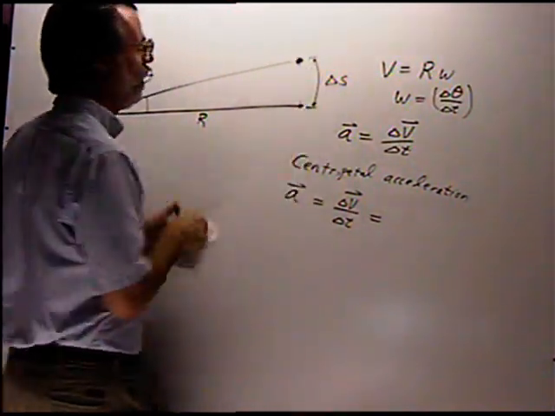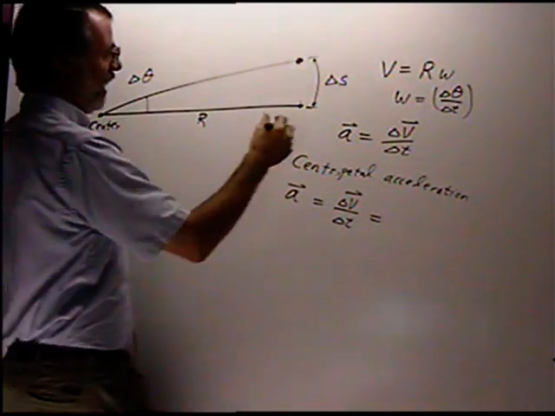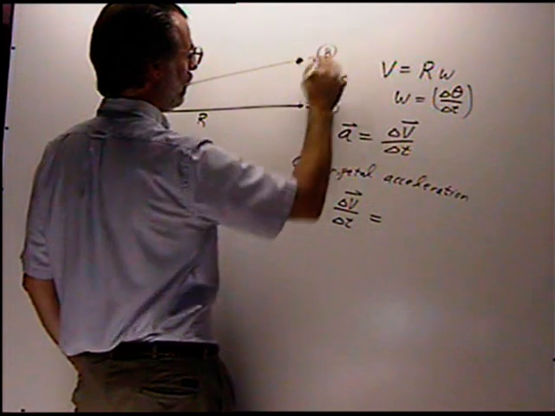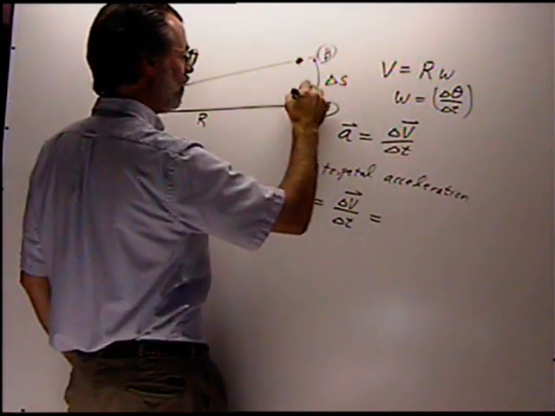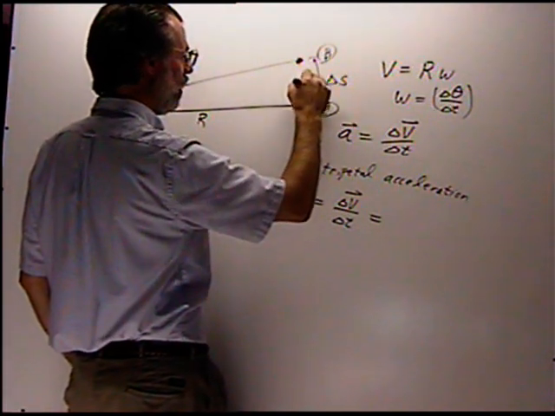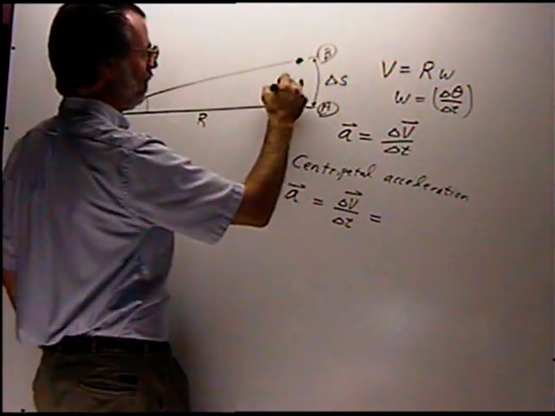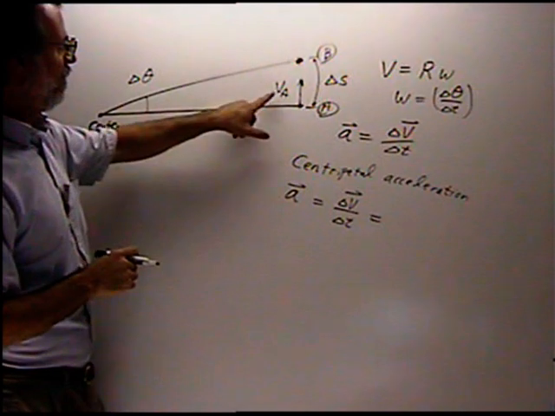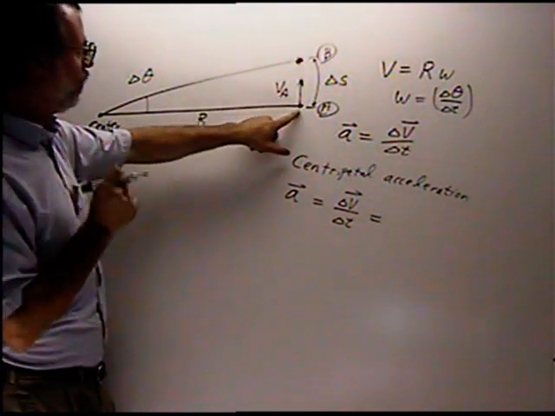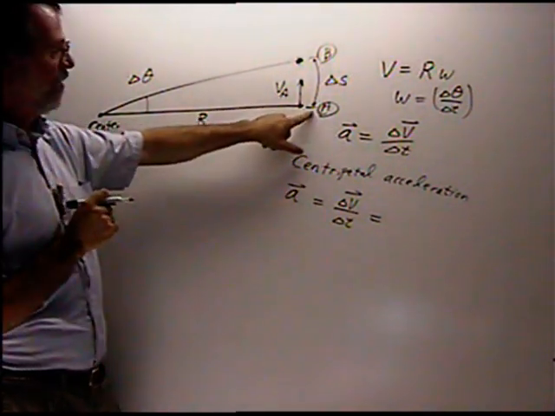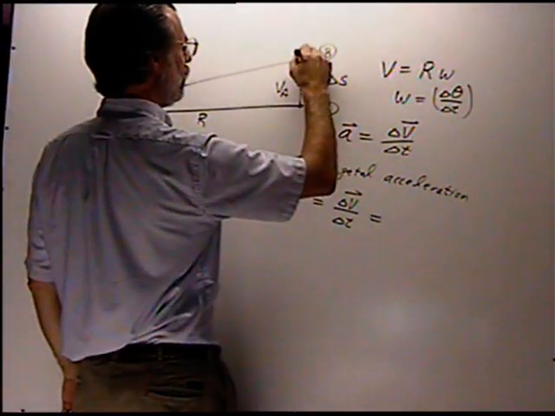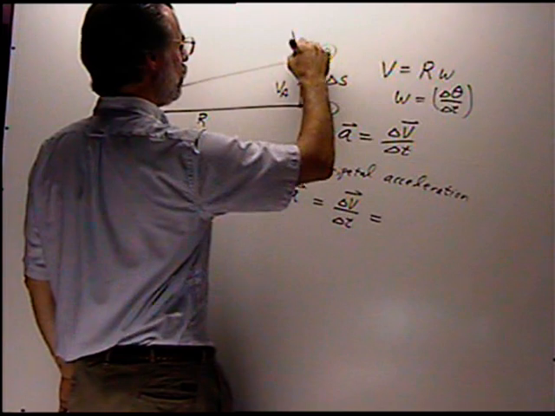Now, what I'm going to do is draw what the velocity is at this point A, and then at point B. At point A, the velocity is tangent. We'll call it VA. That is, it's the velocity right when the rock is in that A position, and the velocity right here in the B position is again tangential to that.